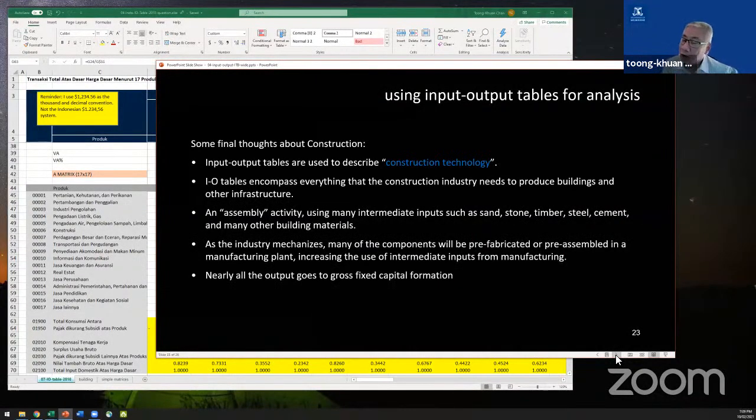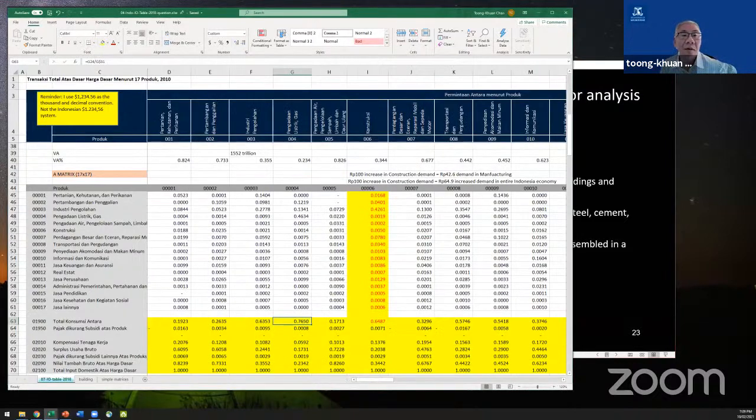Okay, so some final thoughts about the construction industry. What we do is we call these input coefficients the technology. This is what we call technology from an economics perspective.